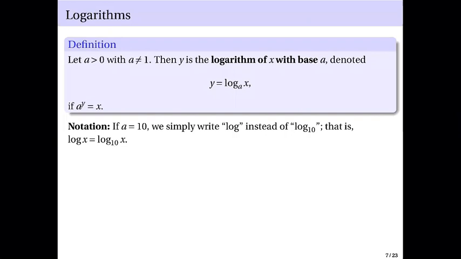Also, if your a is equal to the number e that I introduced earlier, we write ln instead of log with base e.